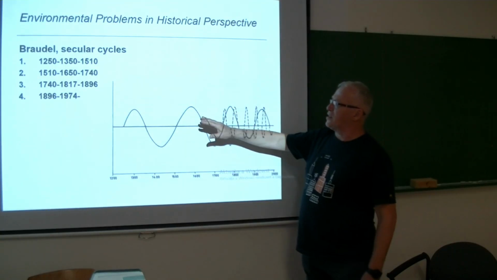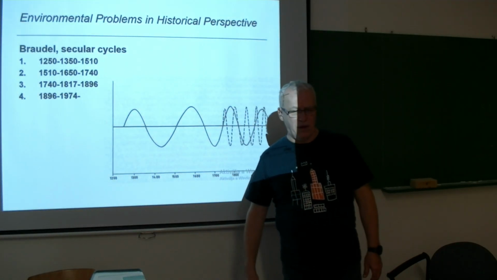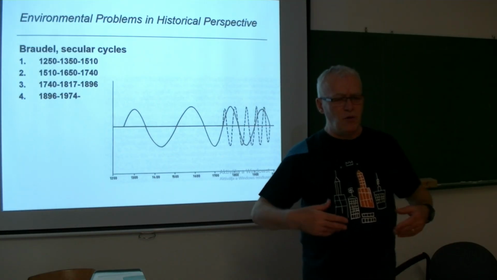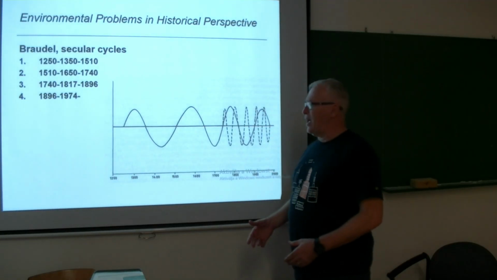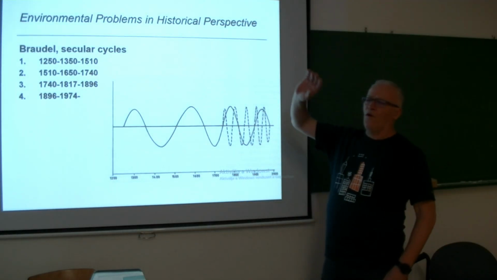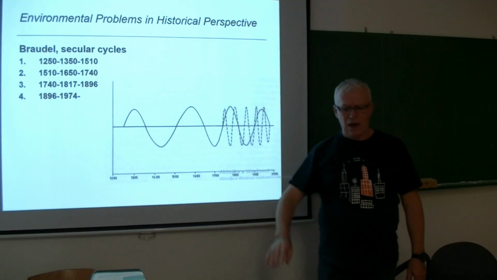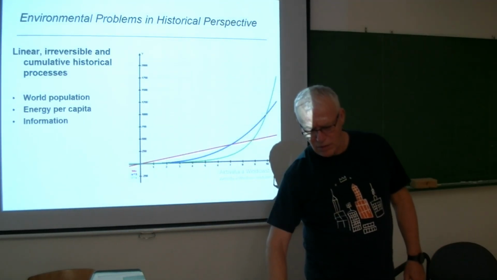And this was the last slide. I tried to demonstrate Fernand Braudel's secular cycle theory, how the same process repeated in the past. And Braudel identified in European history four economic cycles, how the European economic integration unfolded.